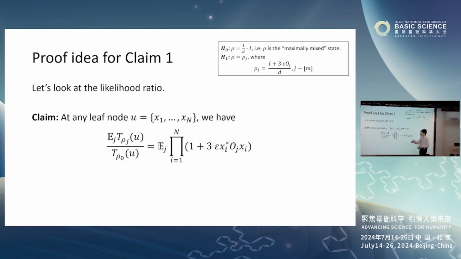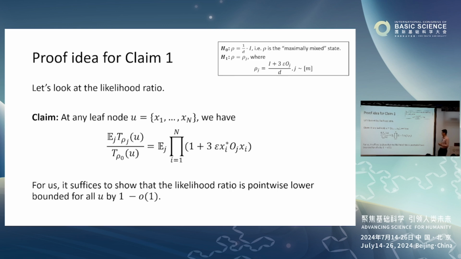It's an expectation over J, recall J is uniformly random, of this product of 1 plus 3 epsilon xi star O_j xi, where these xi's are the ones I encountered on my root to leaf path. This is an equality that follows from a straightforward calculation. And it's going to turn out that it suffices to show that this likelihood ratio is pointwise lower bounded. So I'm going to show that for every leaf node in the tree, this is close to 1. And this, it turns out, is sufficient to show a total variation bound.